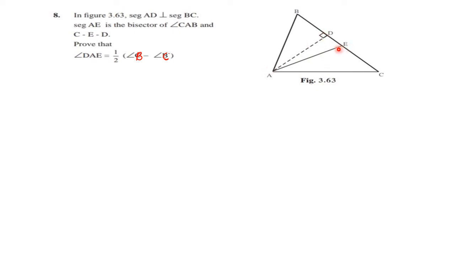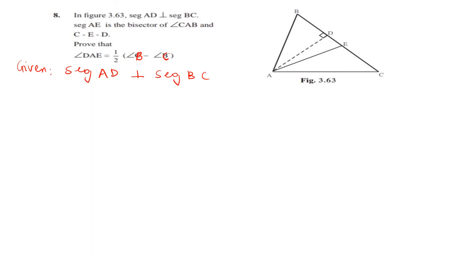So we need to consider this DAE always and take this triangle ADB, and then we need to take the triangle ADC. First ADB and ADC. Don't worry, while solving only I will explain it to you all. So first thing, as I mentioned, first we'll write down given that segment AD is perpendicular to segment BC.